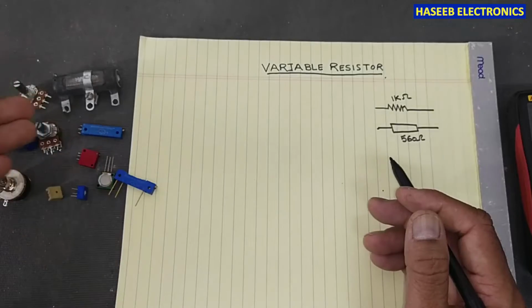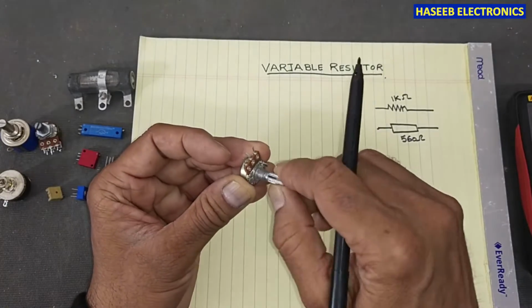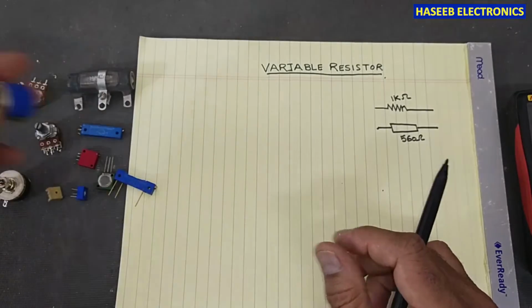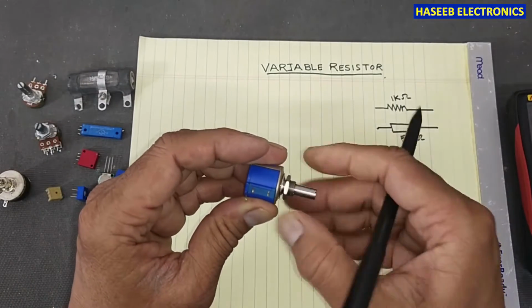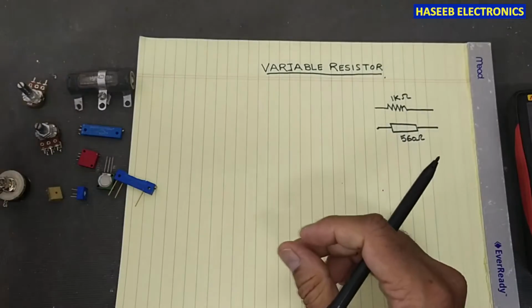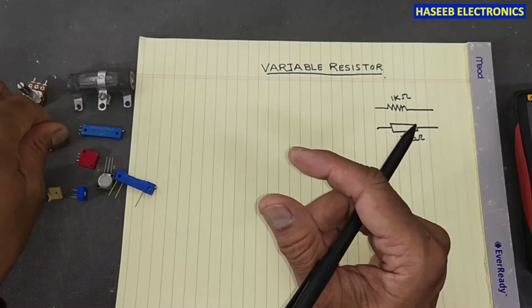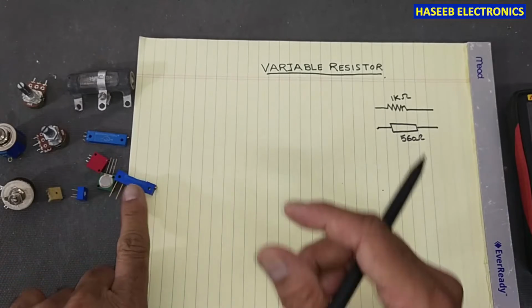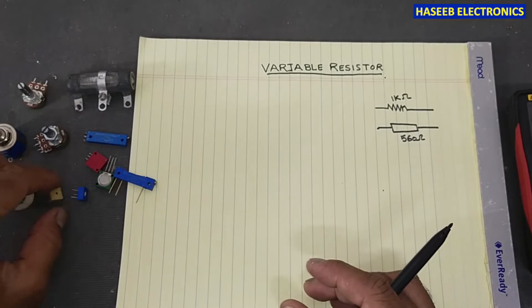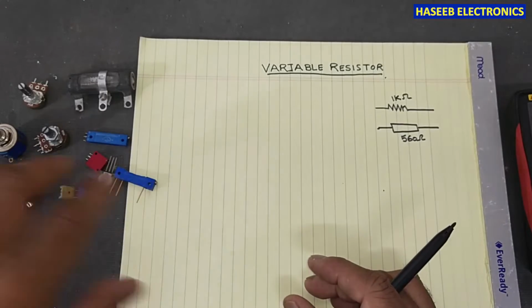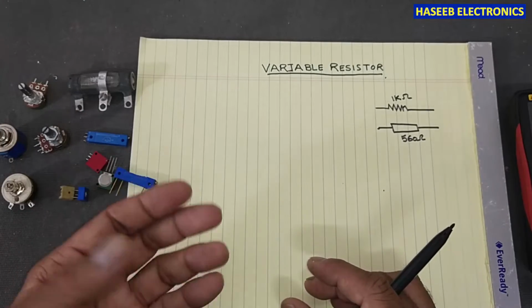There are many types: single turn potentiometer, multi-turn potentiometer, dual potentiometer, trimpots, trimmer potentiometers, presets, and rheostat. We will see how it works.